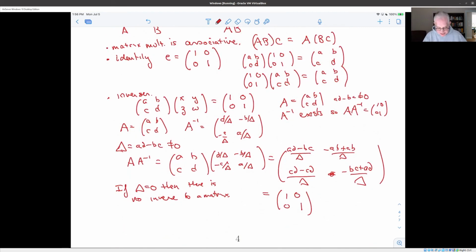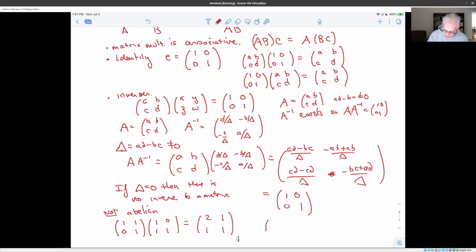One final comment, this group is not abelian. If you multiply 1, 1, 0, 1 times 1, 0, 1, 1, you get 2, 1, 1, 1.